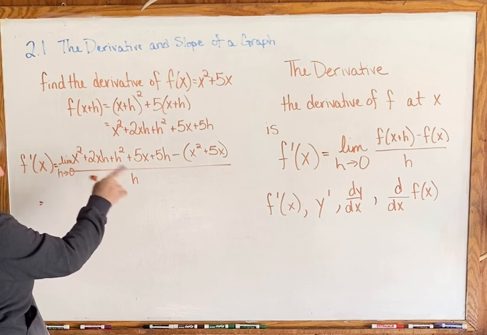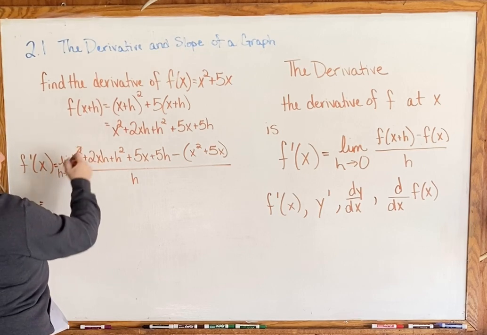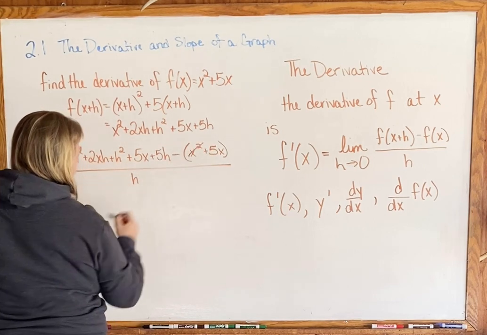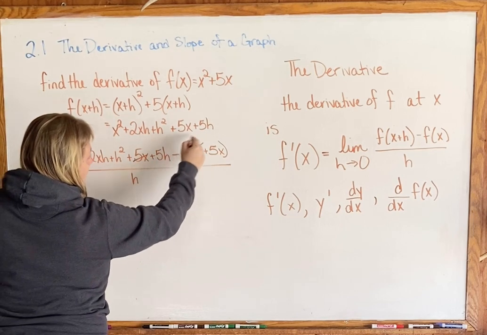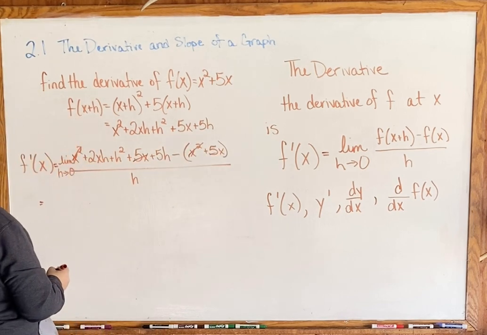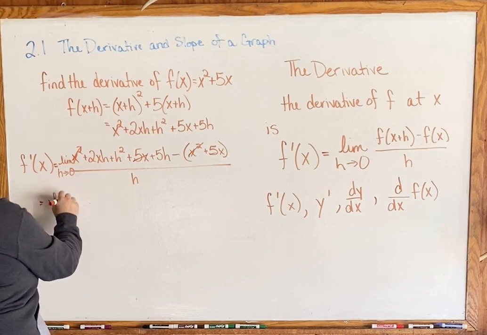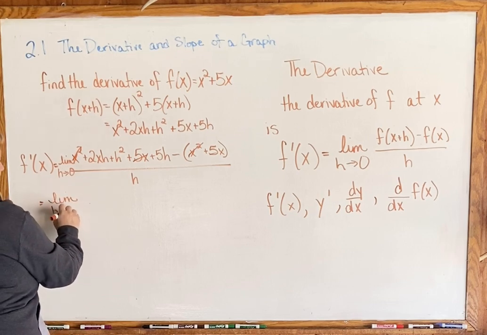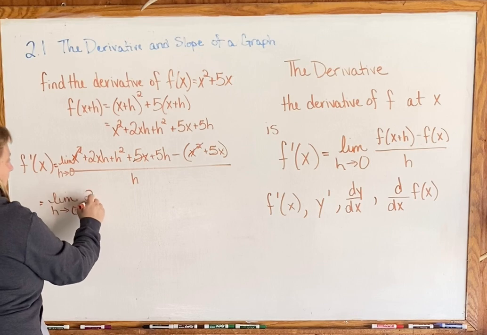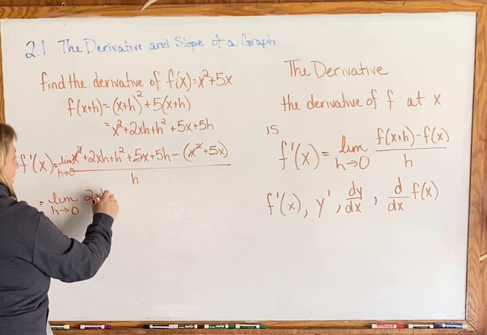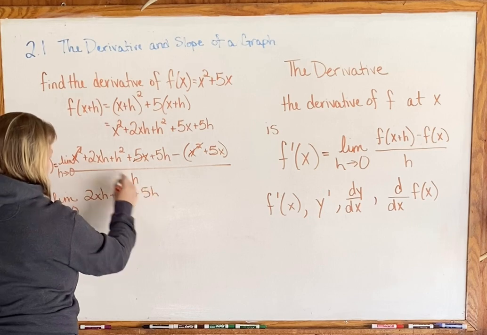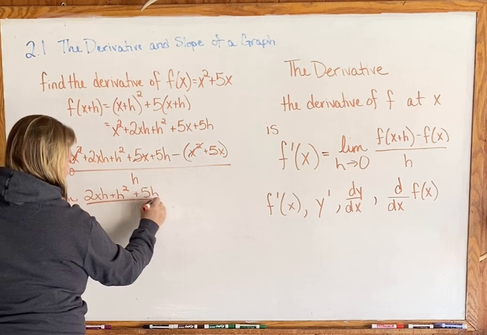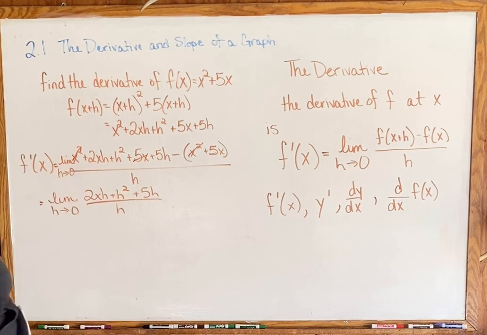All right, now again, things should cancel. So we've got an x squared here minus x squared there. And we have a 5x here minus 5x there. So then we're left with the limit as h approaches 0 of 2xh plus h squared plus 5h, right? That's what's left up top, all over h.